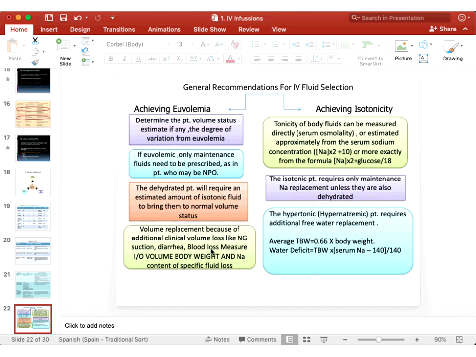Yes, the question is, you have a patient that is dehydrated, but you find his serum sodium value at 160 milliequivalents, which is very high. Isotonic, such as what solution?